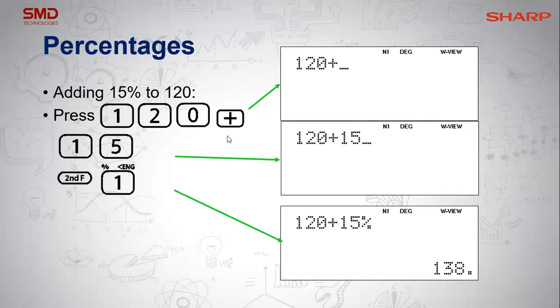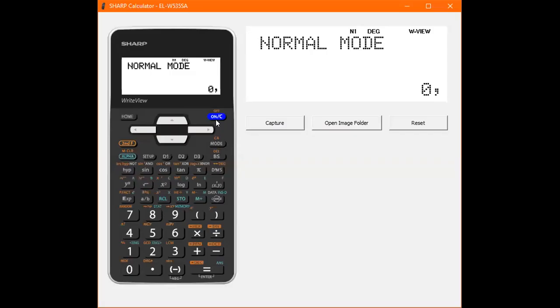Okay, so now that I've prefaced that, when we look at finding percentages, right? Let's say, for example, we want to find 15% of 120 and add it to 120 to find out how much VAT or how much we would pay after VAT is added. So traditionally, we would say 120 times 15, and then we'd say second function 1 to give us percent, and that would give us 18.